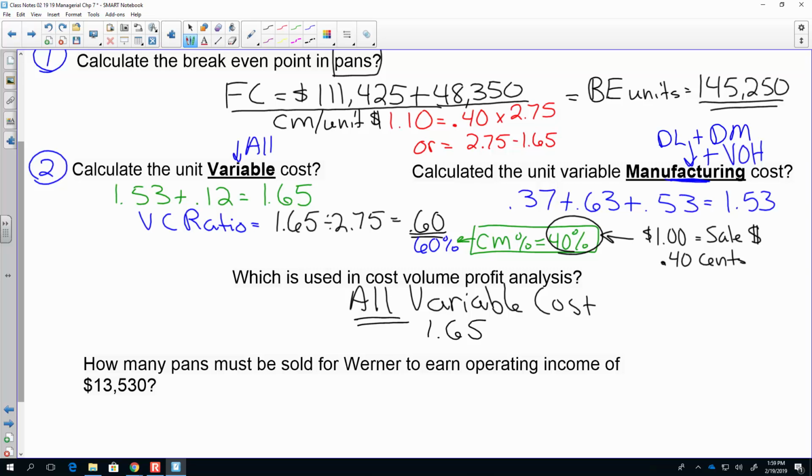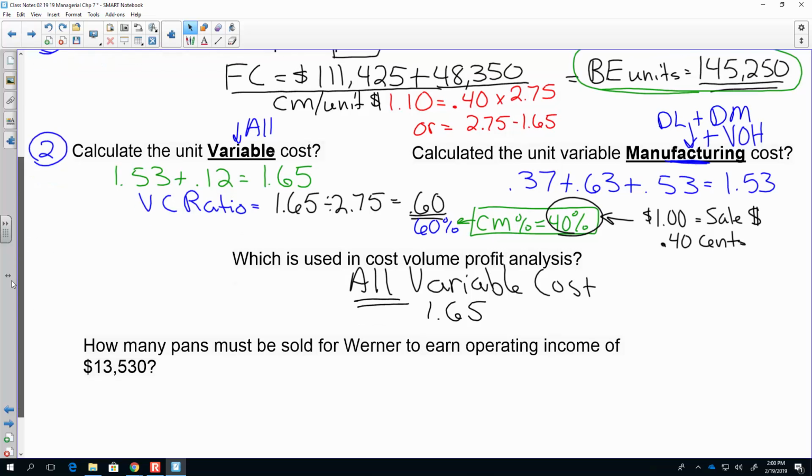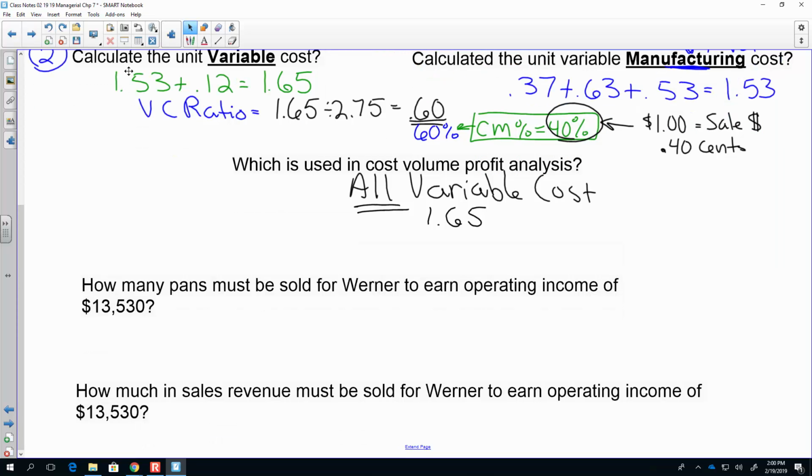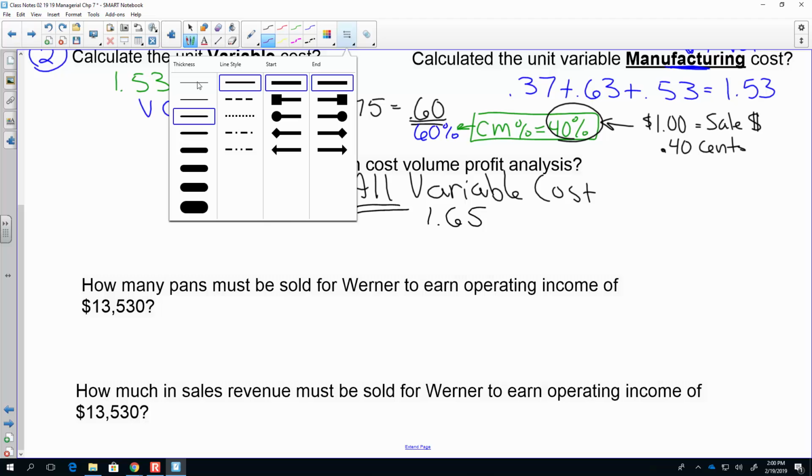What else can we do? If the test question asks me what's the break-even point in dollars, what would you do? I'm going to move this down a little bit. Sorry, guys. I'm going to change colors here. Break-even point in dollars, how do I do it?